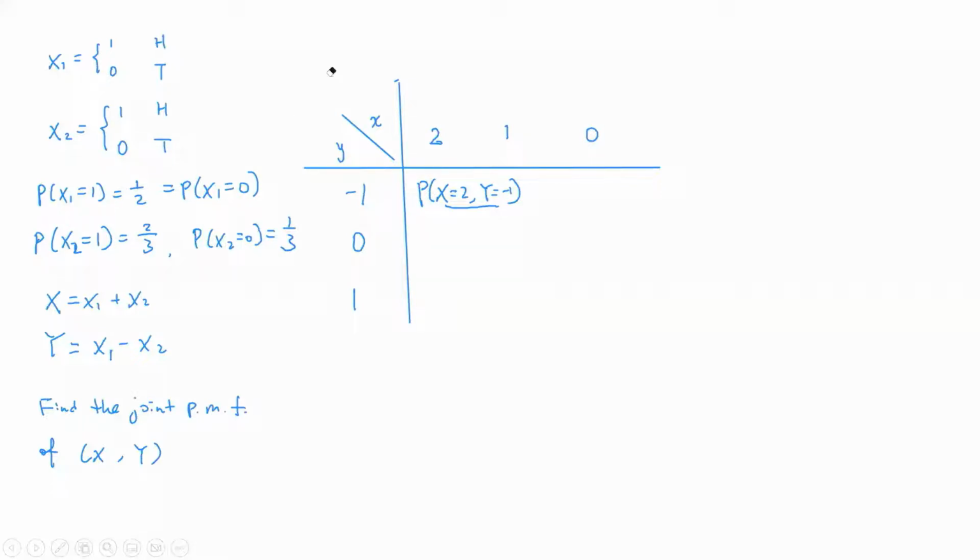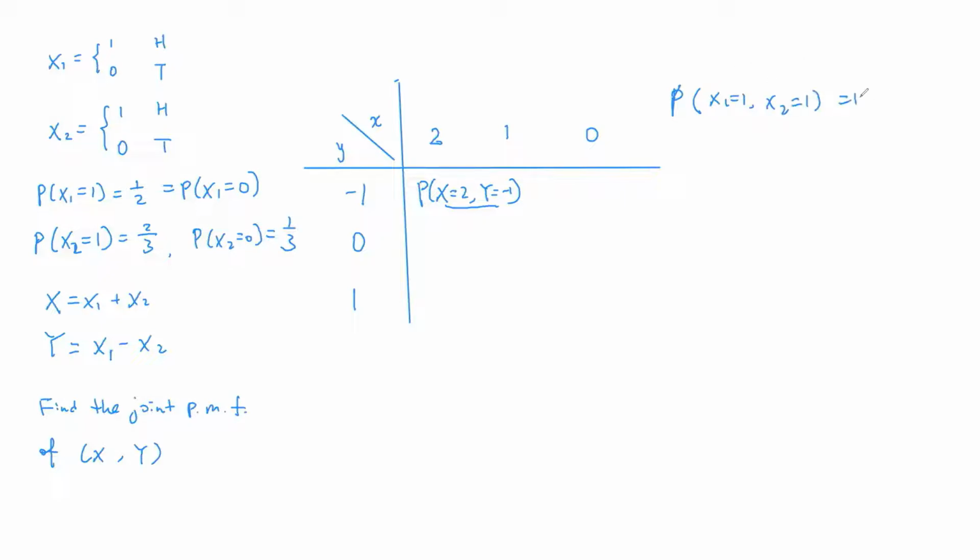So X equals 2. What does X equals 2 mean? It means both tosses yield heads, right? Capital X is the sum of the two random variables, so it will be X1 equals 1 and X2 equals 1.